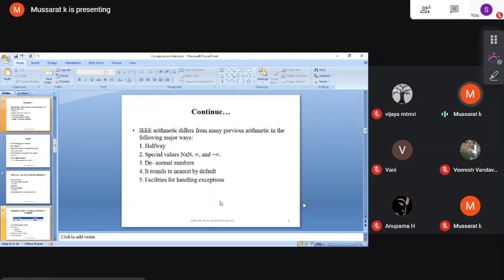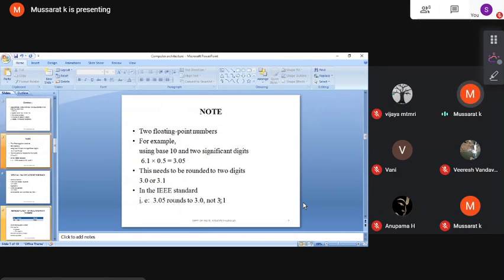Third, it uses denormal numbers to represent the results of computations whose values are less than 1.0 times 2 to the e minimum. Fourth, it rounds to nearest by default, but it also has three other rounding modes. Fifth, it has sophisticated facilities for handling exceptions.